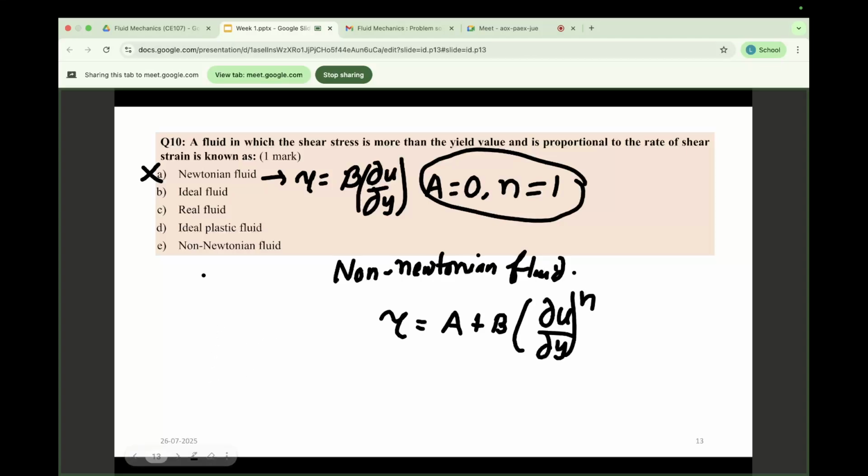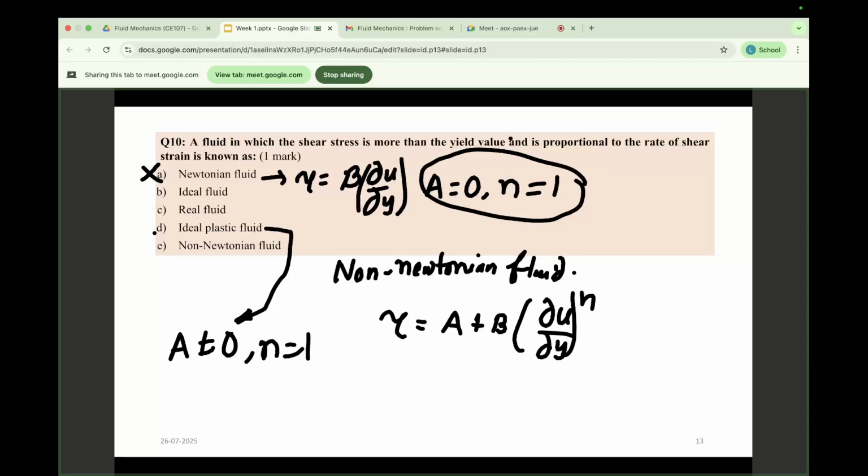So in case of an ideal plastic fluid, what happens? A not equal to 0 and n equal to 1. Why am I saying this? Because in the question it is given the shear stress is more than the yield value. That means A cannot be 0.